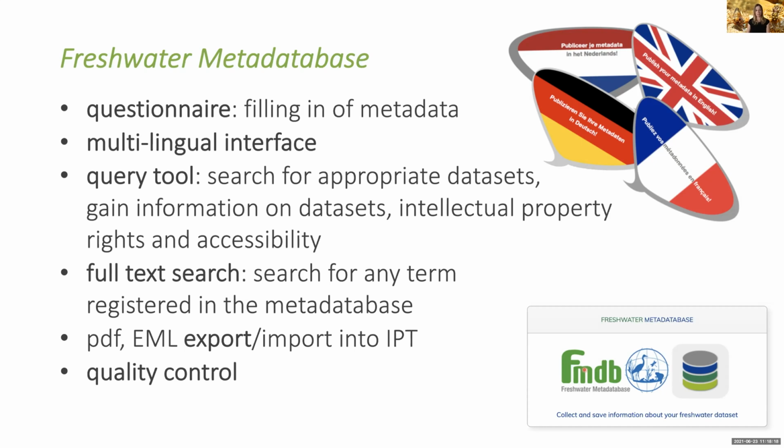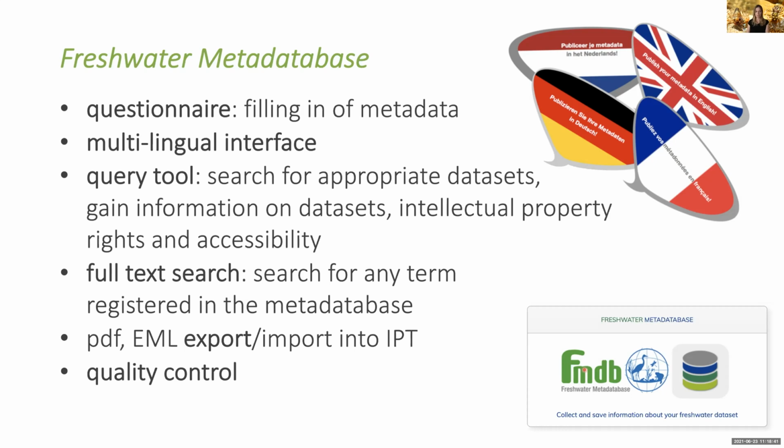We offer further a query tool where you can search for appropriate data sets, meaning if you want to do research and you are looking for additional data, you can use the query tool to find these additional data and to get information on these data, like, for example, the intellectual property right or the accessibility.